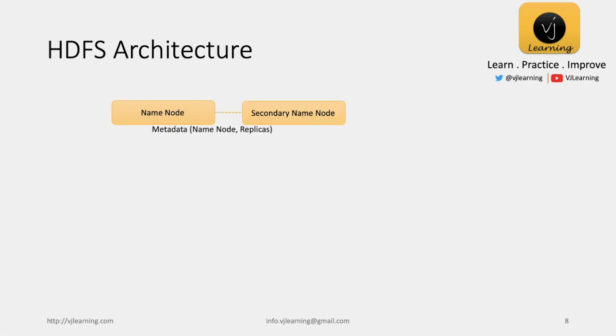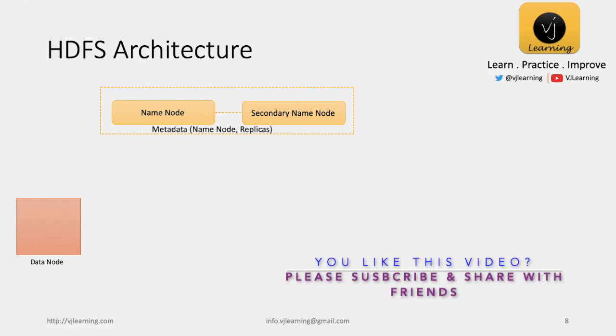Initially, there was only one name node. Then the newer version has a secondary name node, just to make sure that there's no single point of failure. These name nodes run like master nodes, and then we have data nodes as well. There are a bunch of data nodes in a cluster, and they are usually segregated by racks.